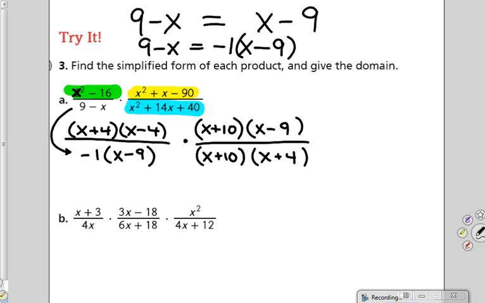The next step in multiplying rationals is to cancel what you can. So you're looking for entire quantities that match. We're kind of like flipping little cards over and looking for things to match. You're playing a matching game. And I see a match with x plus 4, x plus 4. They're going to cancel. I see a match with x plus 10 and x plus 10.